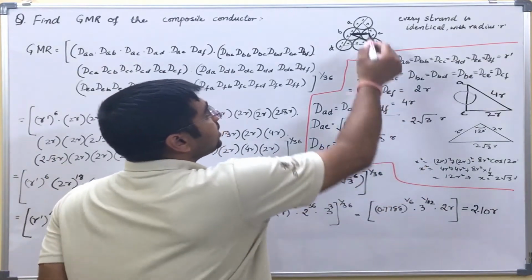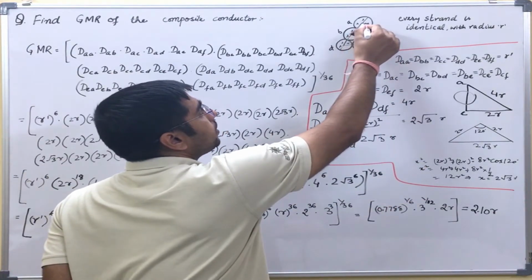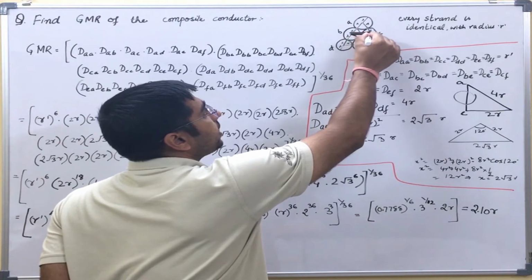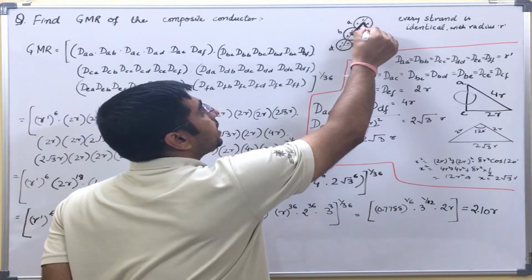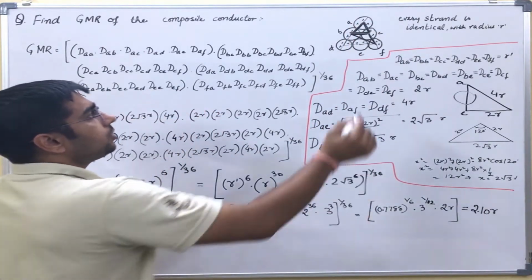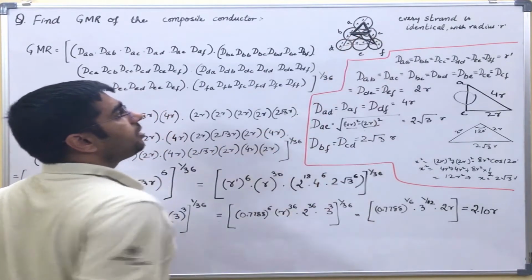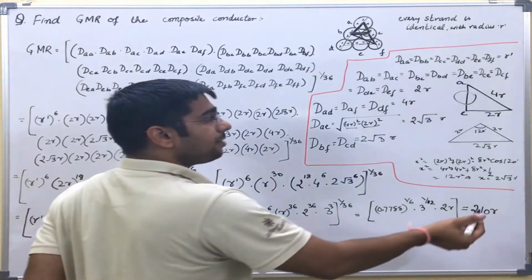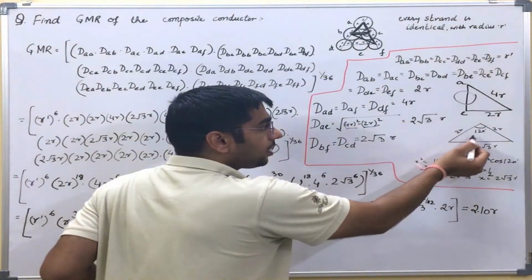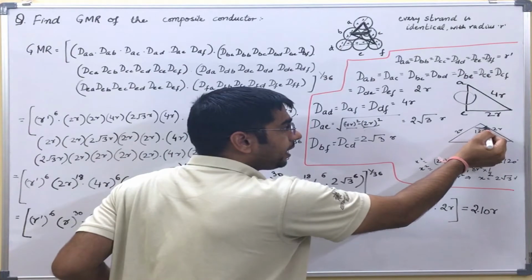You can see that the upper triangle is an equilateral triangle, each side 2r, so this angle will be 60 degrees and this angle will come out to be 120 degrees. That's what I have shown here: 2r with an angle of 120 degrees.